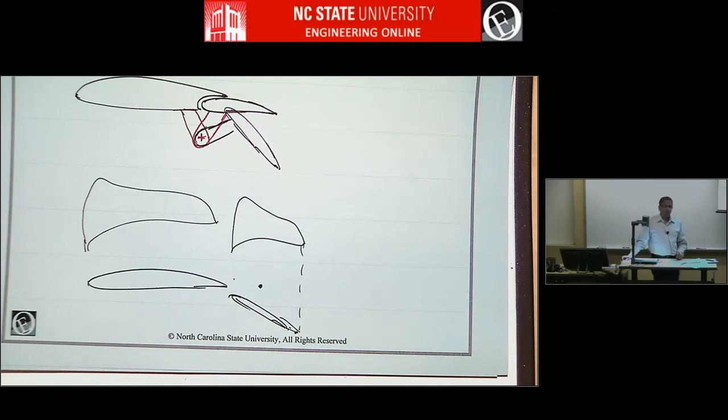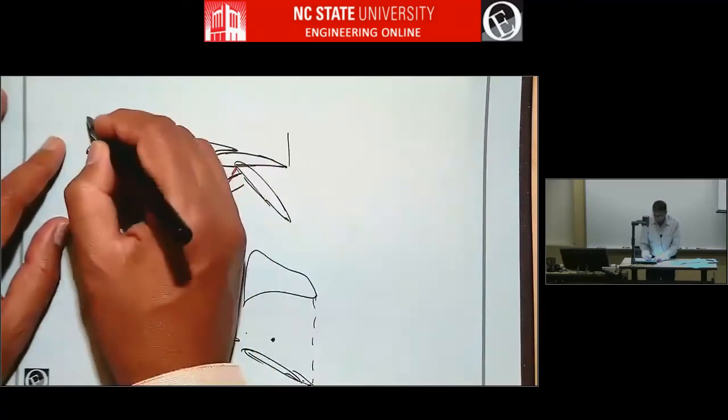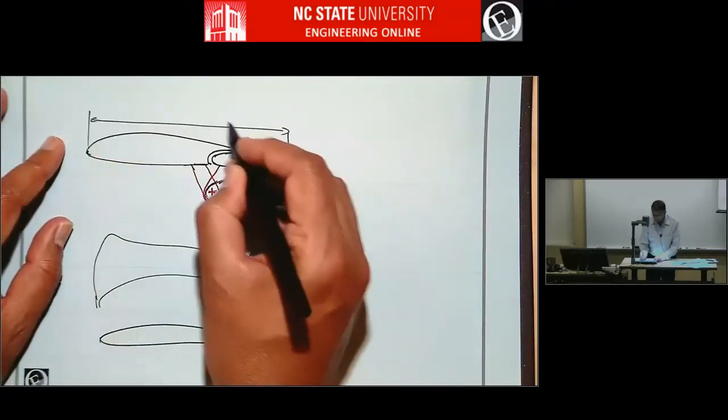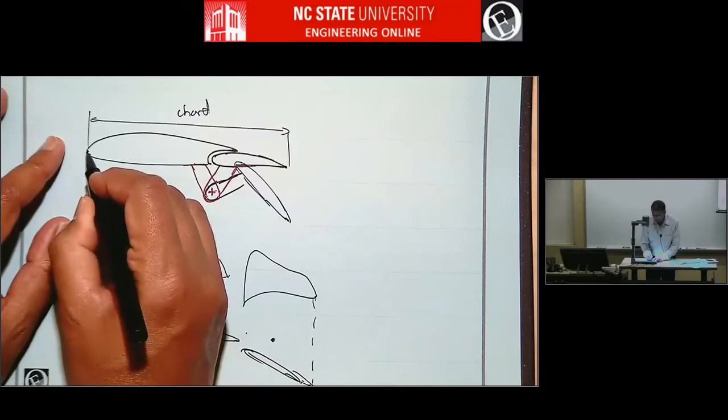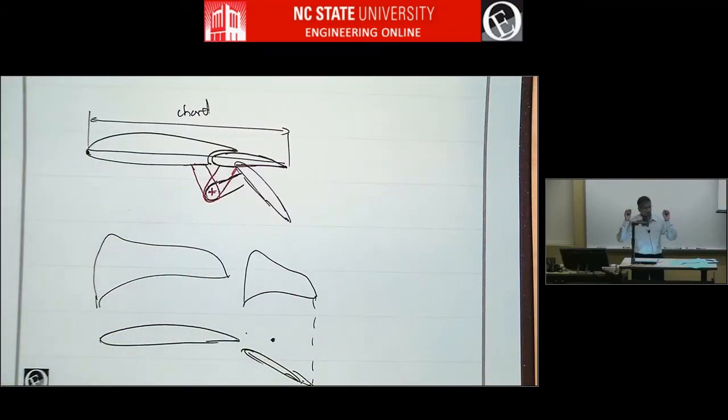But usually in data books and other things, you stick with this as the chord. This is the chord length, and this is the chord, actual chord line. And you say, I'm going to use that as the chord for everything, undeflected, completely deflected.